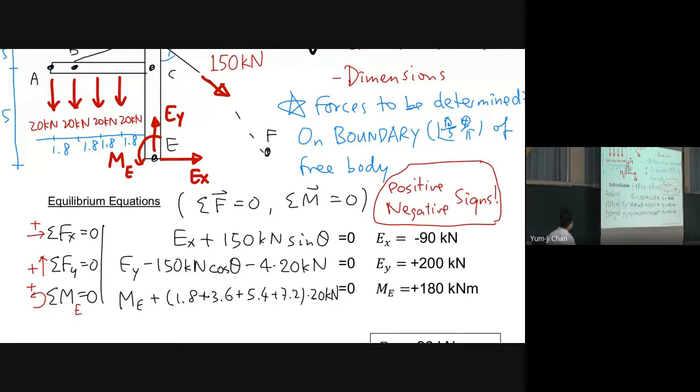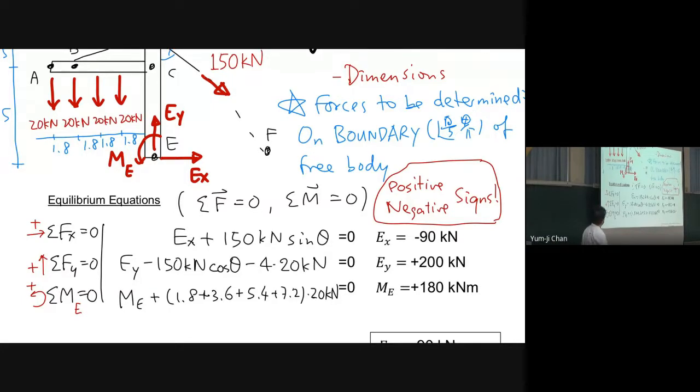And do we have other forces that have moments? We have done this and we have done this, what else? Okay, this tension, yeah. So for this tension, this is going in the clockwise direction, so it is negative.